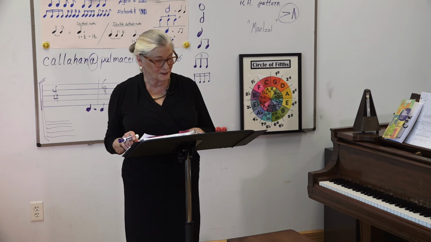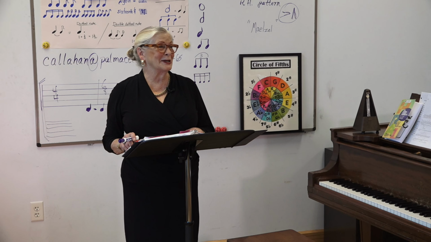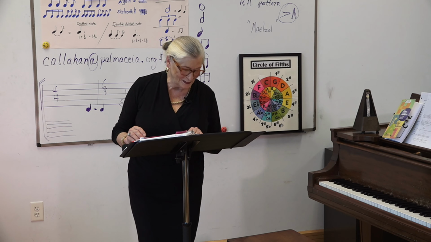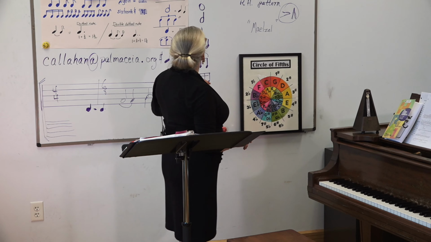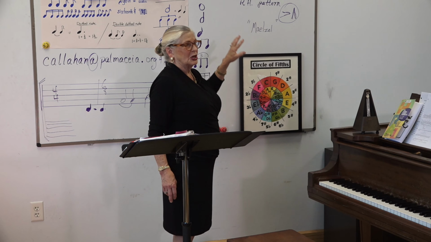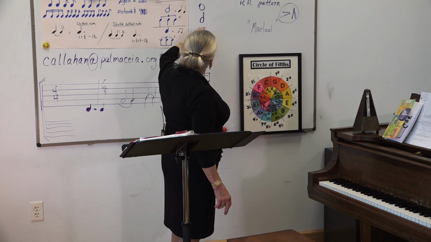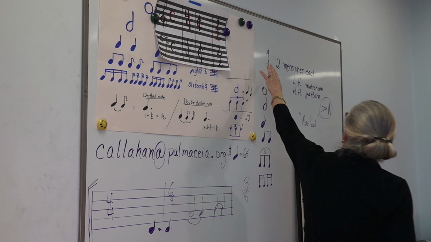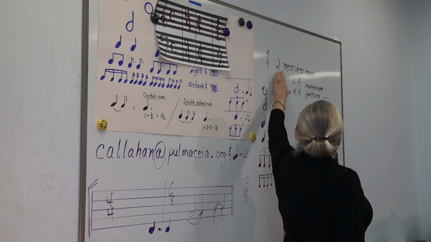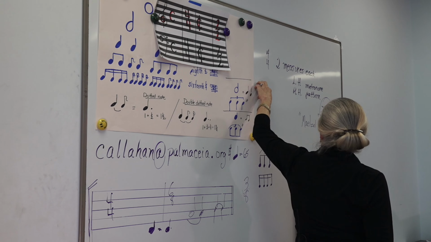Here we go. I have a little exercise I want you to try. Everyone in the room has to try this, okay? I've written it up on the board because it's not hard, but it goes back to just keeping your pulse going, and you see a little bit about rhythm here. We're going to pretend we're in 4/4 time. We're going to do 2 measures for each one of these.